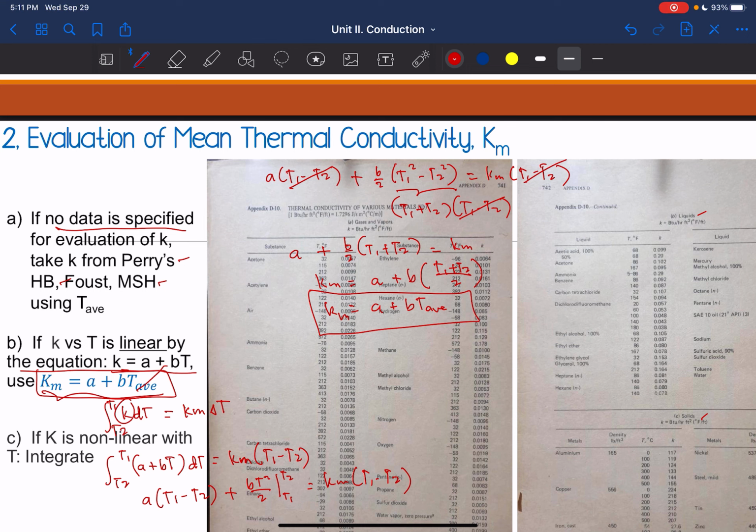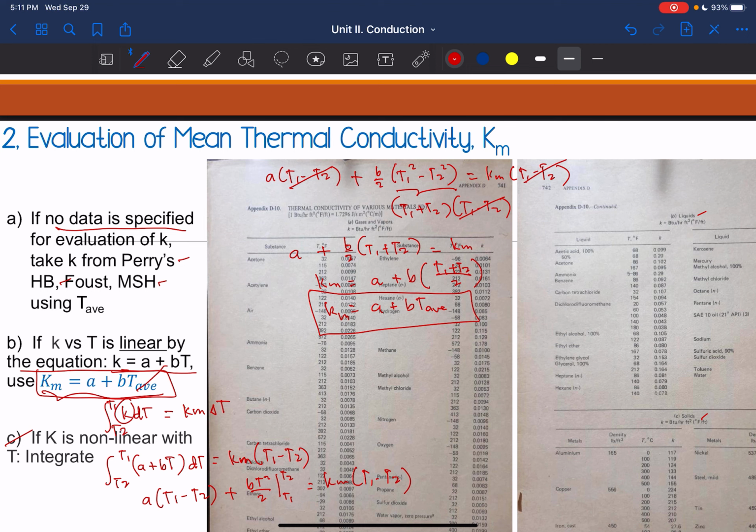Now, how about for C? If K is nonlinear, it said we need to integrate. And nonlinearity in conduction problems arises when properties are temperature dependent or when the boundary conditions are nonlinear. Say, for example, surface radiation and free convection. These are typical examples of nonlinear boundary conditions.